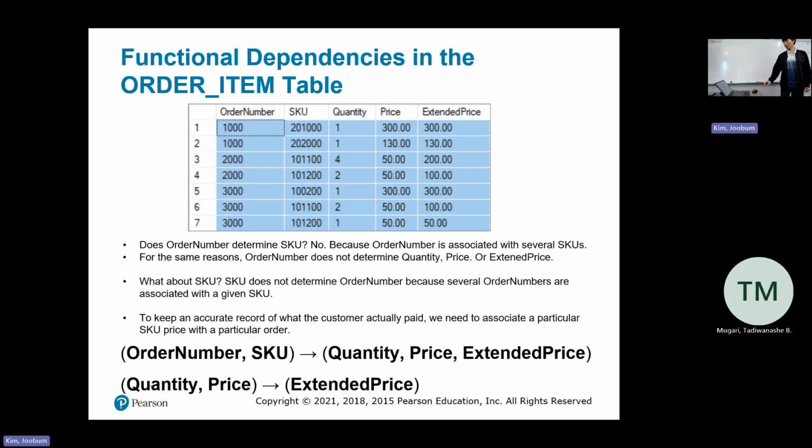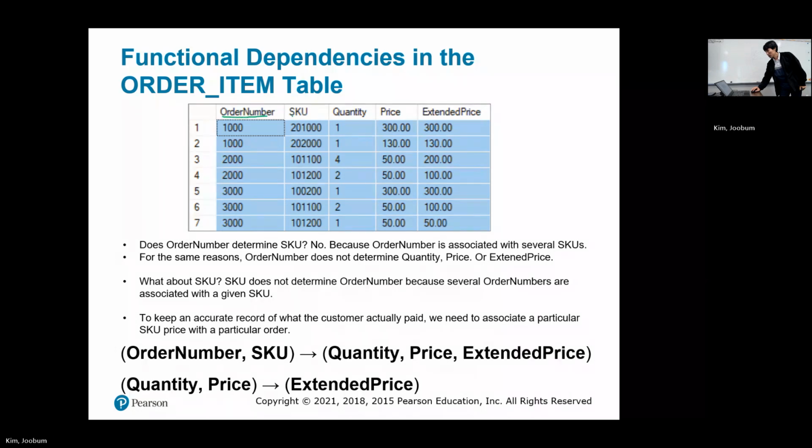How about this? The order item table. There are 5 columns: order number, SKU, quantity, price, and extended price. So the question: does order number determine SKU? What do you think? Why? Right, there are multiple SKUs, 201000, 202000.